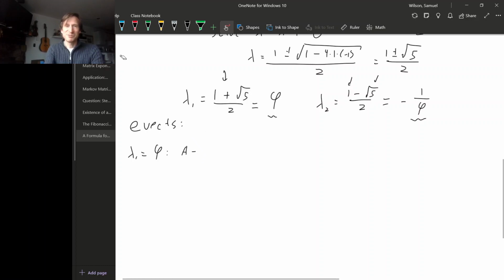The eigenvalue in question is phi. If you want, you can find the null space of phi I minus A. Those two matrices are negatives of each other, so they'll have the same null space. I just find it easier to write this down. So this is the matrix phi, 1, 1, and then 1 minus phi.